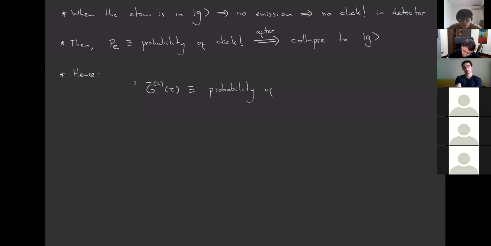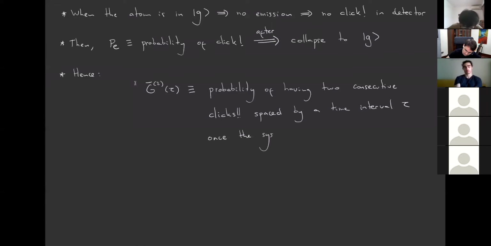of having two consecutive clicks spaced by a time interval tau, and once the system reaches the asymptotic state.